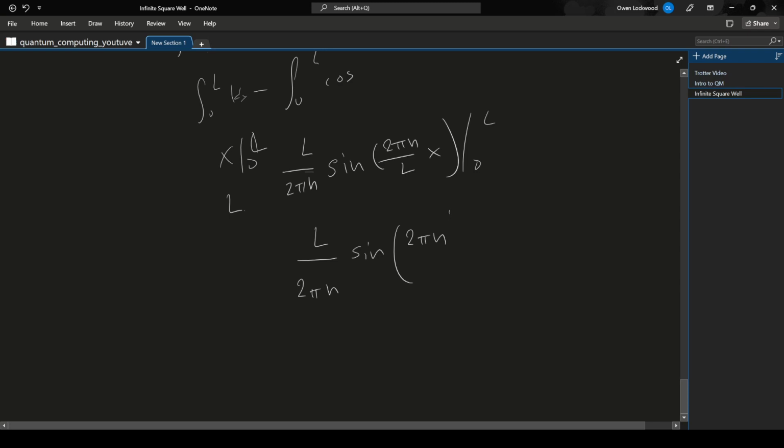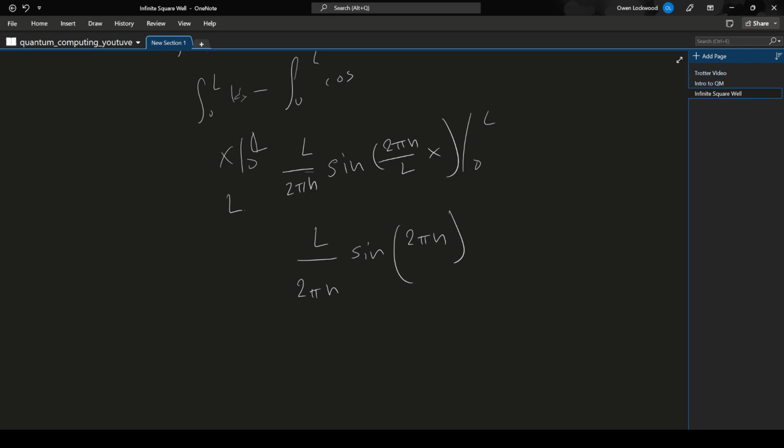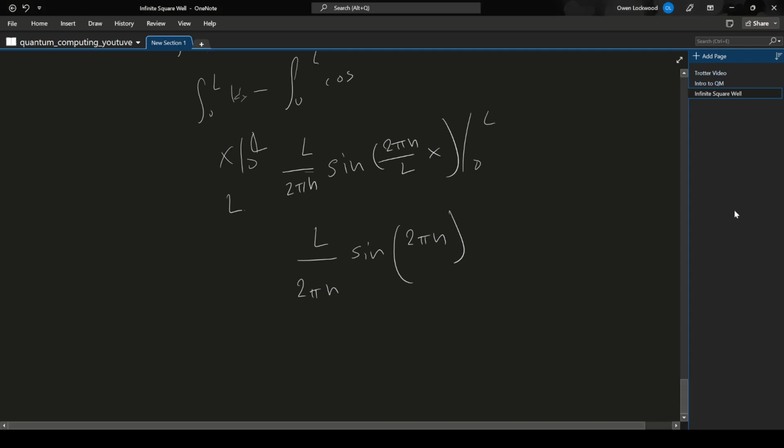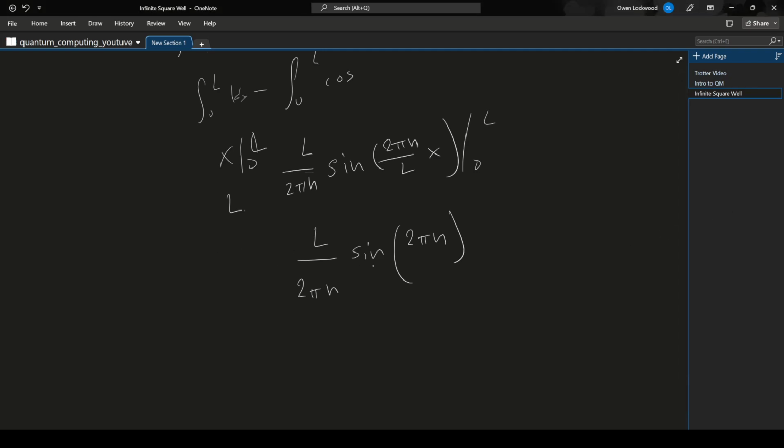Because the L will cancel. And of course, we know that sine of 2 pi n is 0, as we already established, because we already know sine of pi n is 0, and 2 pi n still keeps it an integer. So this is going to be 0.